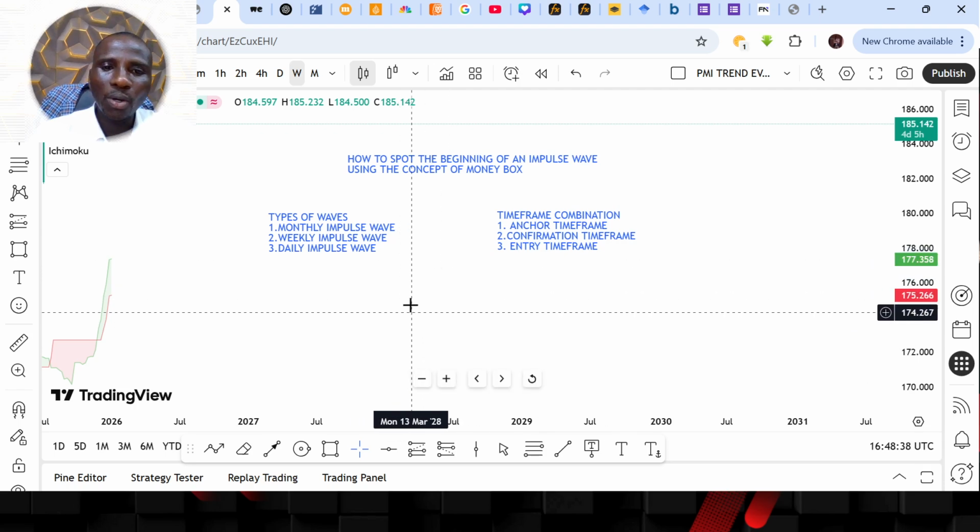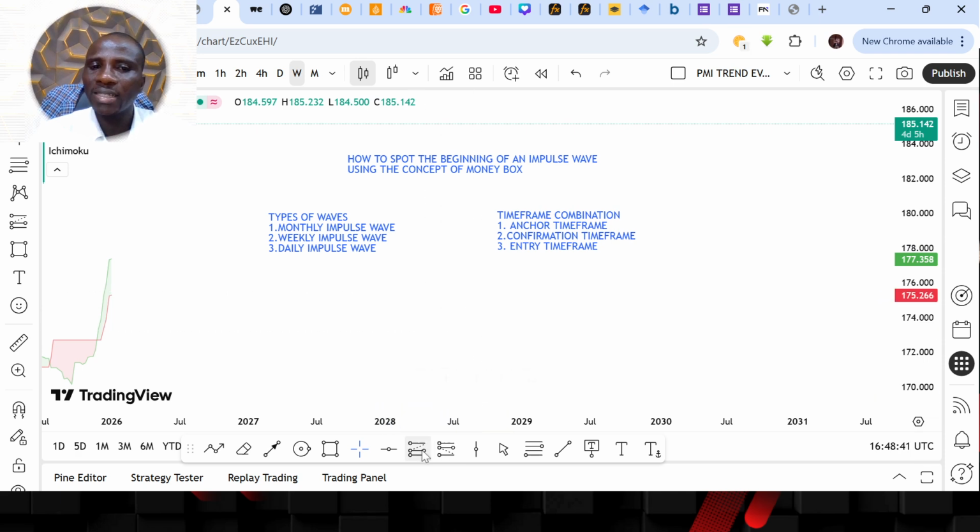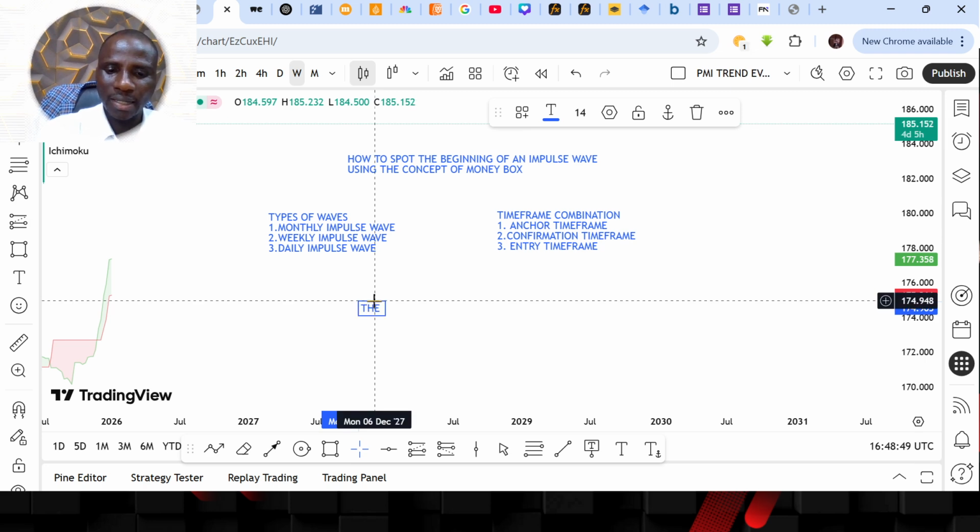Now, the money box of any impulse wave is the beginning of that impulse wave. Money box is the beginning of any impulse wave.